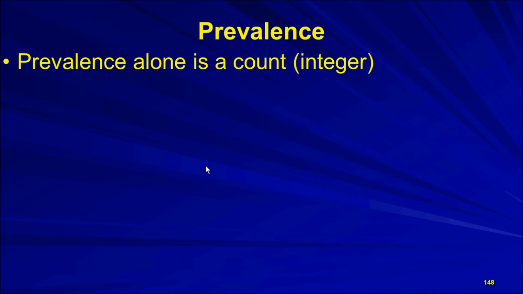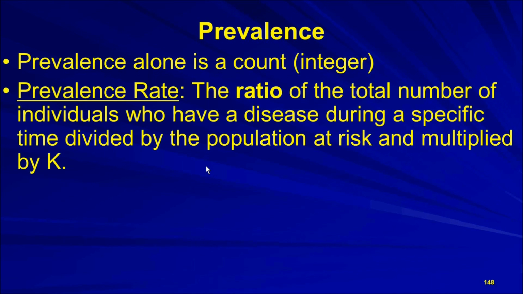Okay? So let's go on to the next term so you stay with me here. It says prevalence, and notice it's always going to say this, and I'm going to get to it yet. The ratio of the total number of individuals who have a disease during a specified period of time by the population at risk, and multiplied by K. Okay?